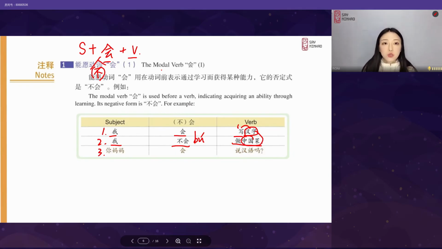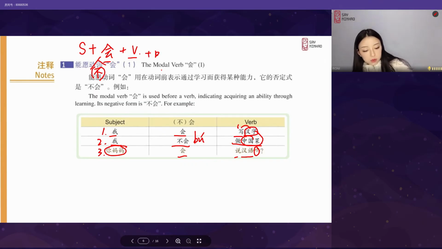Okay, last one is a question. 你妈妈会说汉语吗？Your mother, can she speak Chinese? The subject for this sentence is 你妈妈, which is a little bit longer, and 会 can, 说汉语 speak Chinese, and we put a 吗 after it, which makes it a question. So if we want to ask a question about 会不会, can or not, then we just need to put a 吗 after this sentence.